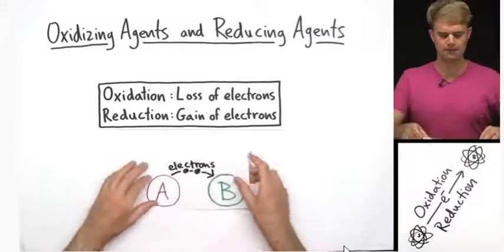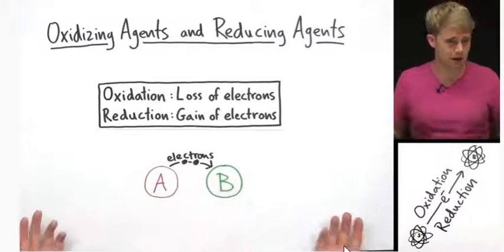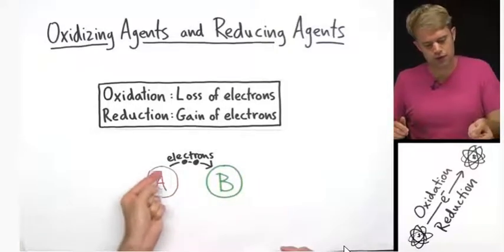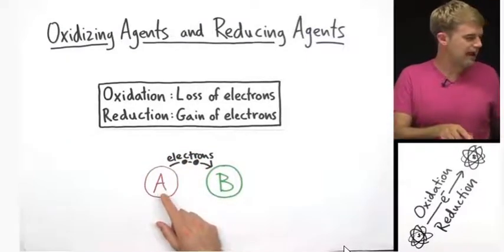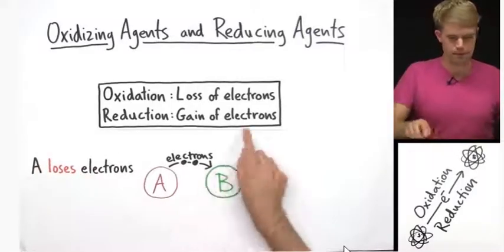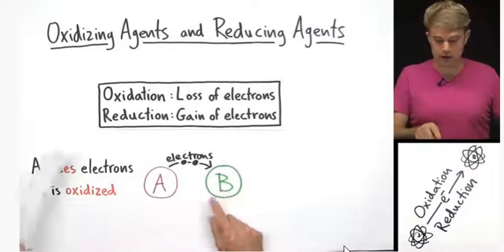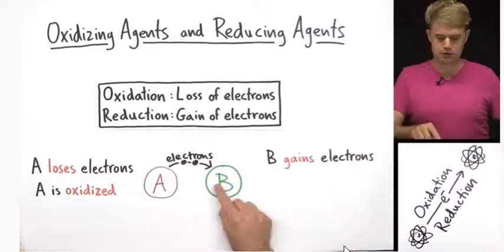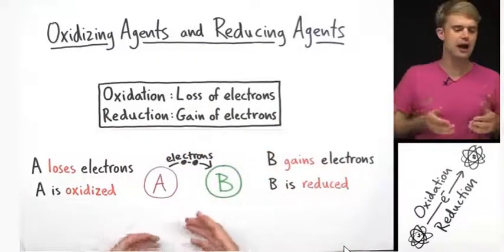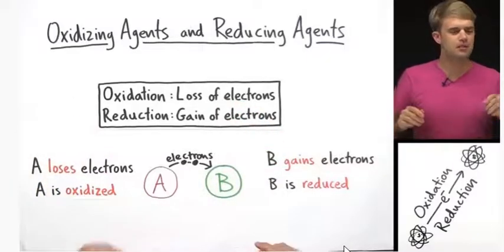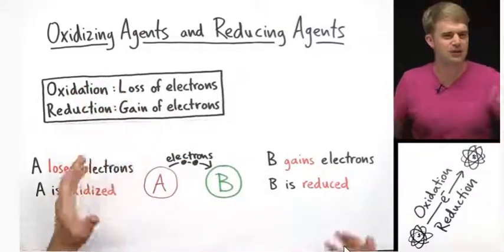I have a diagram here and we have two things, A and B. Maybe they're atoms, maybe they're compounds, and electrons are moving from A to B. A is losing electrons, which means A is being oxidized. B is gaining electrons, which means B is being reduced. That's oxidation and reduction. But here we're talking about agents. What's an agent?